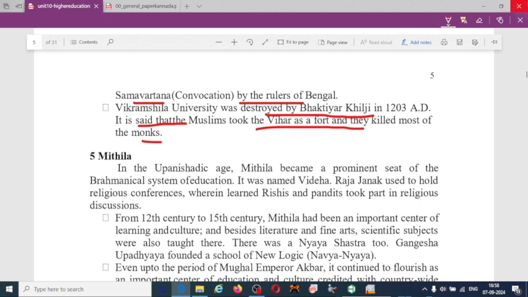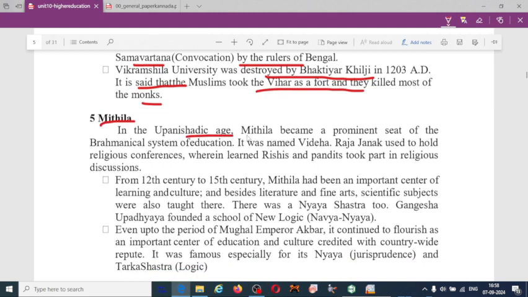Mithili or Mithila, what we call. In the Upanishad age, Mithila became a prominent seat of the Brahmanical system of education. It was named Videha.